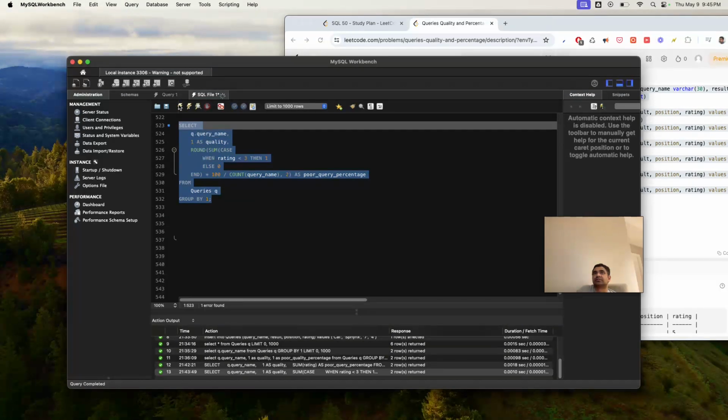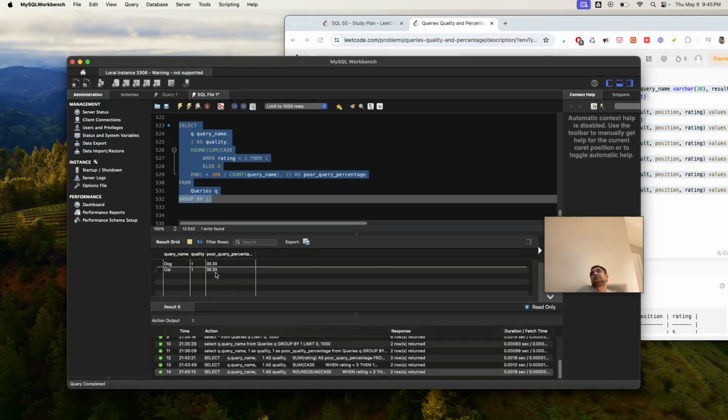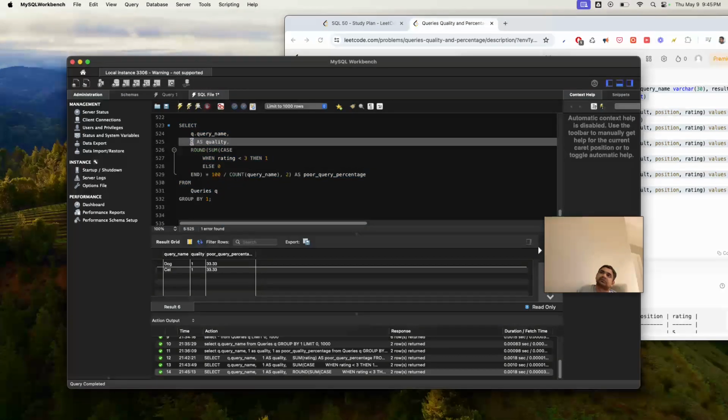Okay, so right now we got the result 33. So the second part is done. We can go to the third part. The third part is almost straightforward. So it's basically rating into one divided by position or something like that.